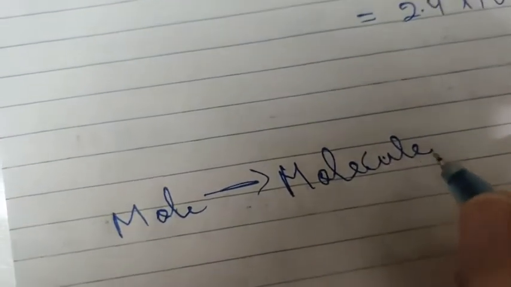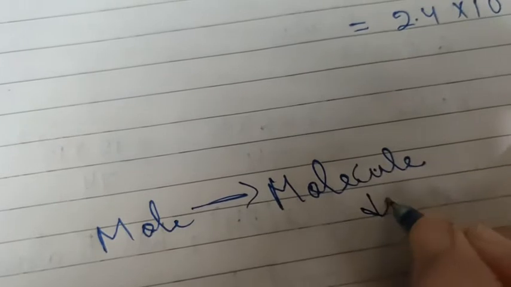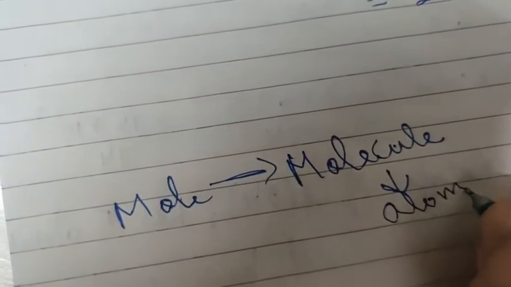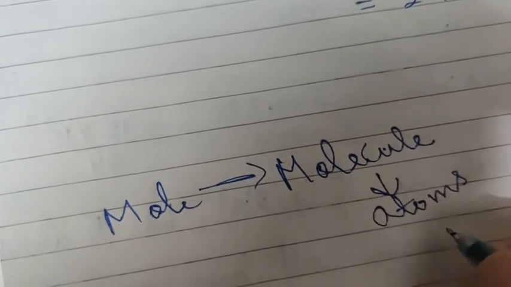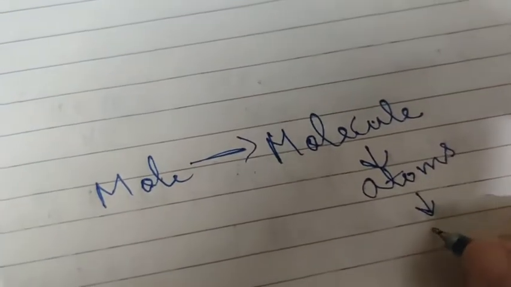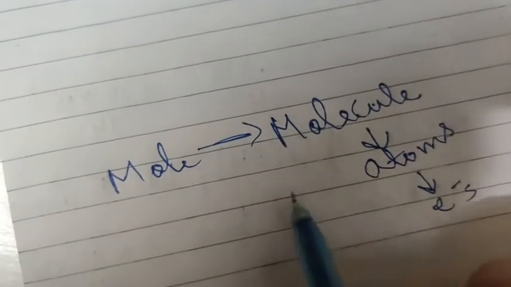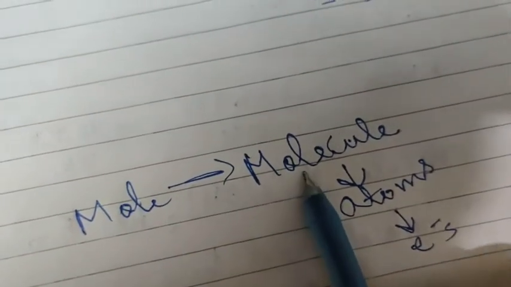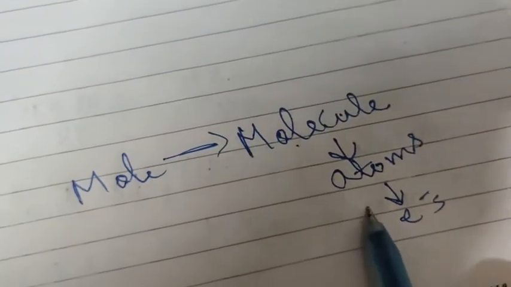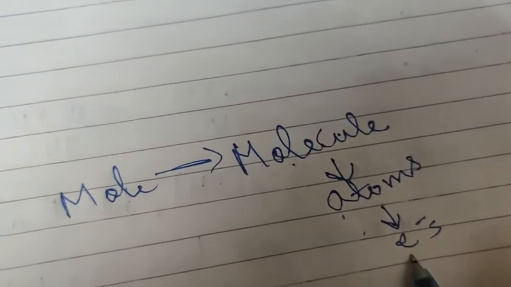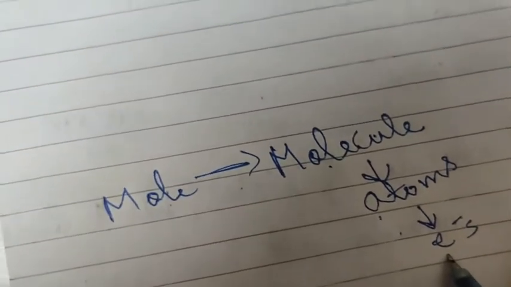Okay, and from molecule you can reach the number of atoms, and from atoms you can reach the number of electrons. So this is how it is followed. When you have the mole, calculate the total number of molecules and then the total number of atoms, then you can move to the electrons, or whatever easy strategy you feel like, you can use that.